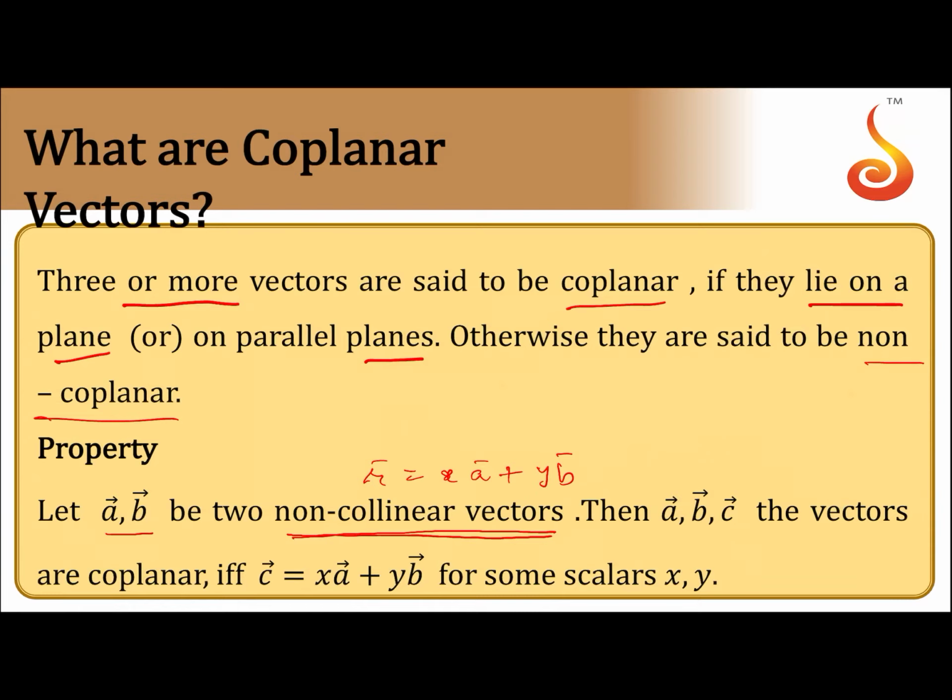In the same way, A, B, C are vectors which are coplanar, where C is nothing but R bar. So C bar equals xA bar plus yB bar definitely exists uniquely on the plane constructed by the vectors A, B.